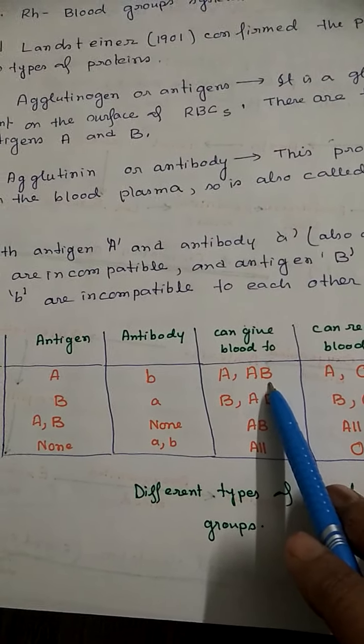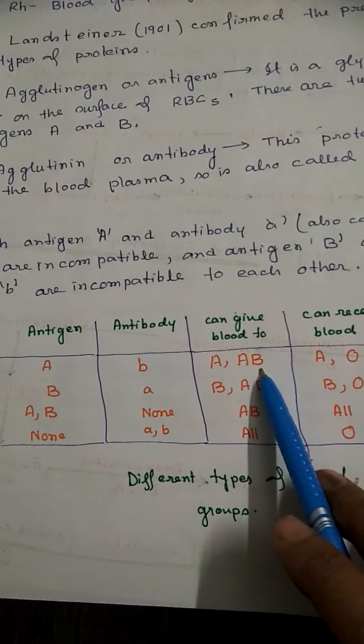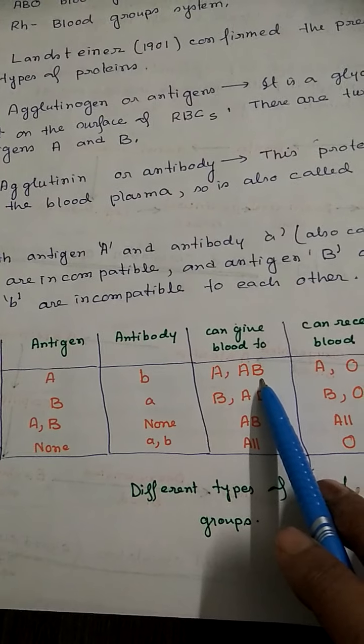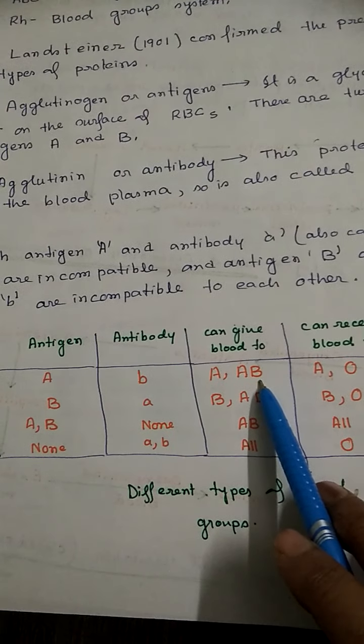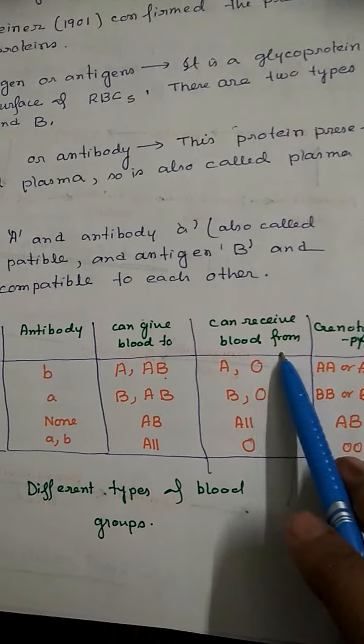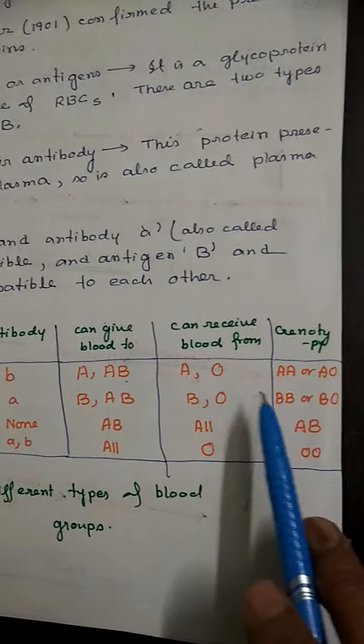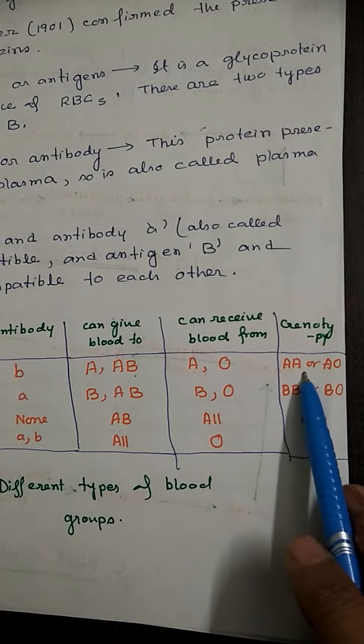AB group is the universal recipient, any type of blood it can receive, and O is the universal donor group, so O can give blood to anybody. Next, A can receive blood from O and A, and the genotype is either AA or AO.